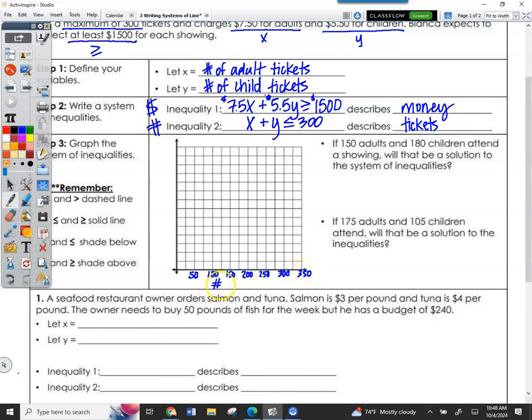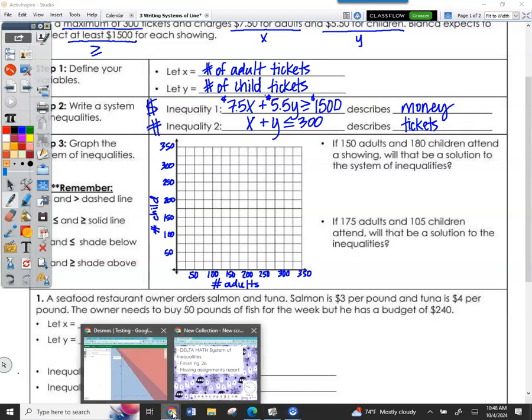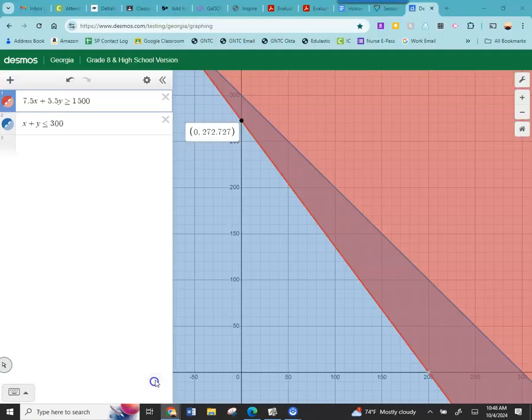All right, and then X was our number of adult tickets. Y was our number of child tickets. I'm going to count this the same way, every other one. Okay. We're copying from Desmos.